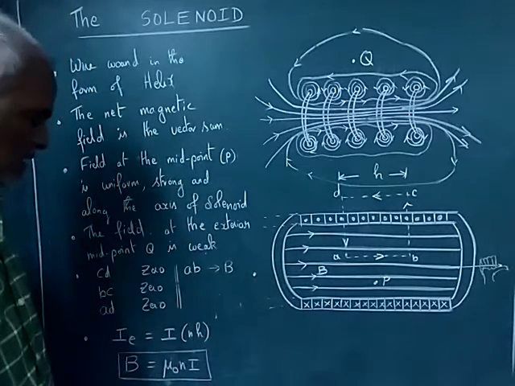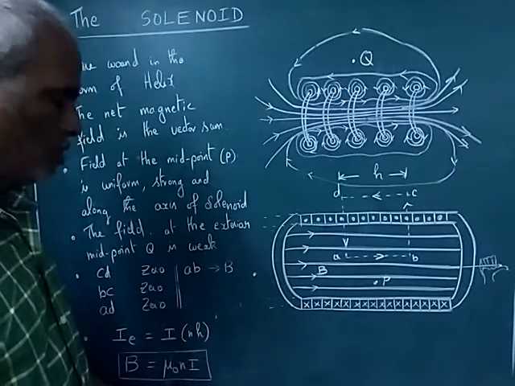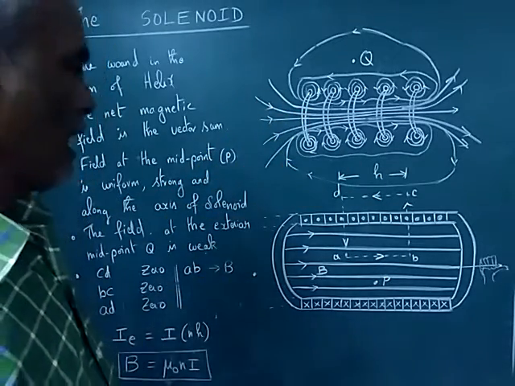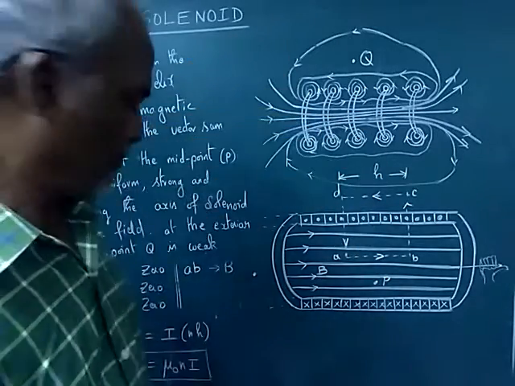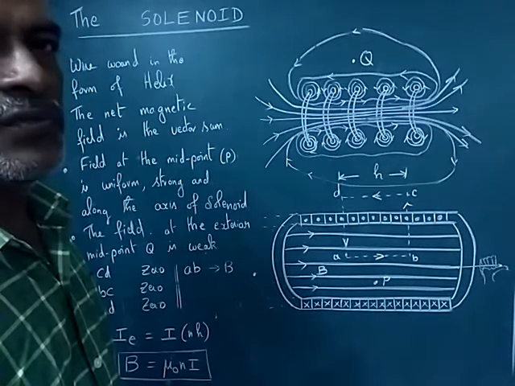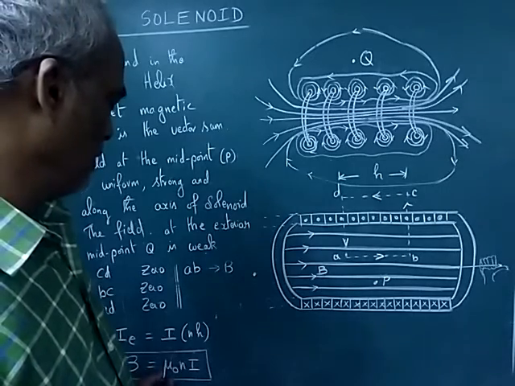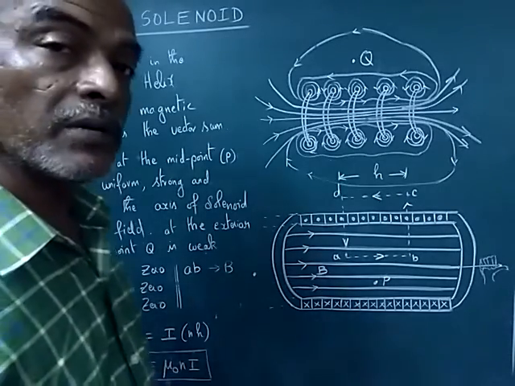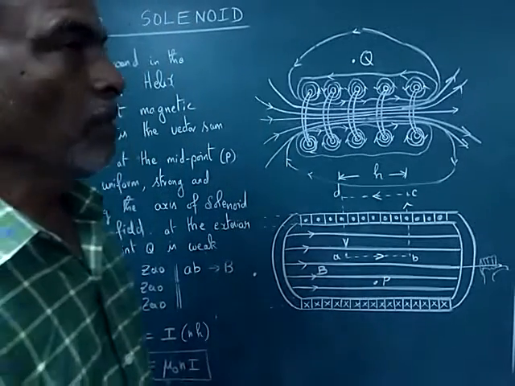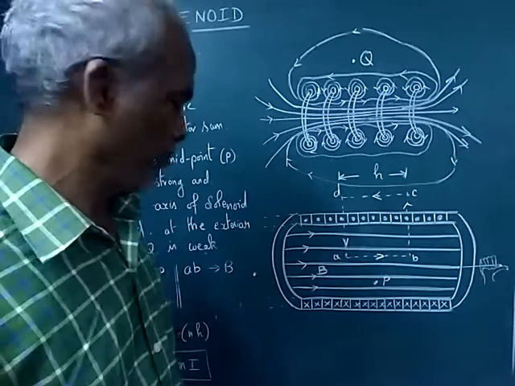So, the final answer for magnetic flux density B is equal to mu naught N into I. That means it depends on the number of turns of the coil and the current through the coil. Mu naught is a constant. Okay. Permeability of free space, it's a constant. So, this value is constant. So, the only ways by which we can improve the magnetic flux density are to increase the number of turns, or increase the current through the coil, or increase both.